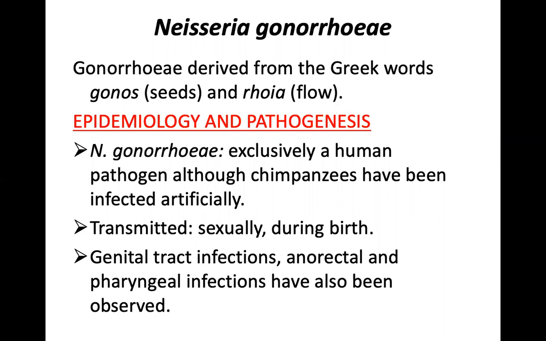Manifestations of infection would be genital tract infections, anorectal infections for MSMs or people who engage in anal sex, or pharyngeal infections, which have also been reported for individuals who have oral sexual relations with somebody who has gonorrhea infection.